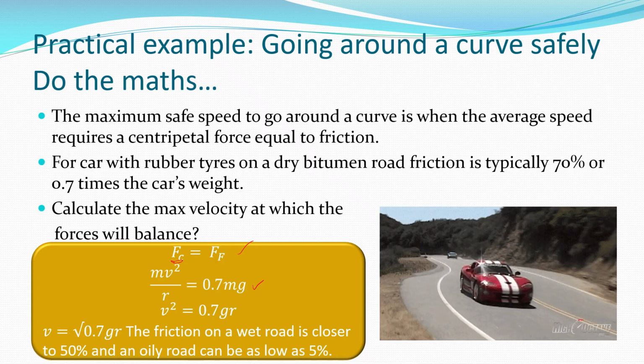All we've done from here is start to cancel things out. I've got a mass on both sides, so I can cancel those out. I can bring my radius from the bottom of the fraction up to the other side. And what I end up with is v squared is 0.7 times g, 9.8, times the radius. Or if I get rid of the squared, the square root of all that. Typically when the road's wet, this 70% of the car's weight as the friction can reduce down to 50% or less.